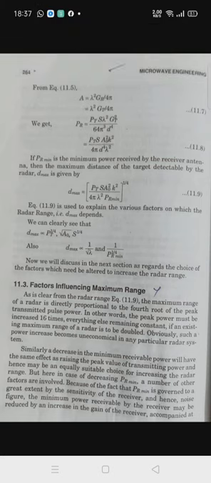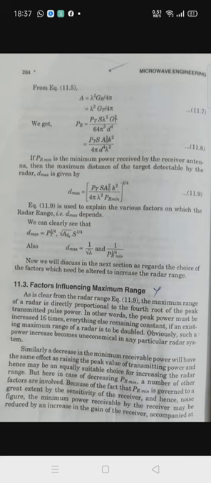So we can write down A equal to lambda square GT by 4 pi. Actually the equation is lambda square GR by 4 pi, so we are writing GT instead of GR. So that is lambda square GT divided by 4 pi.